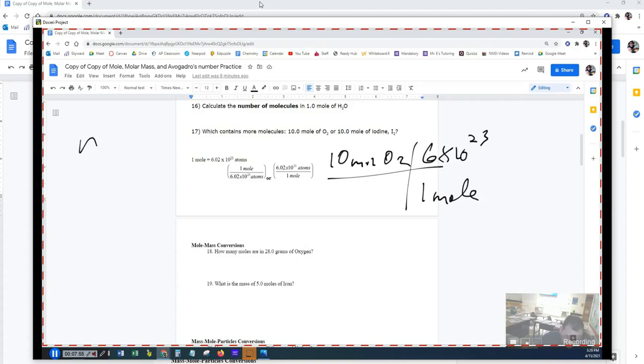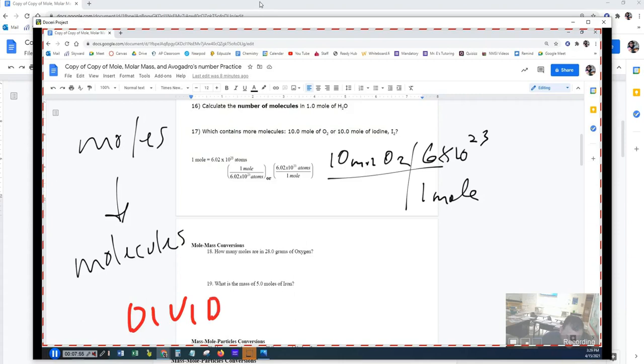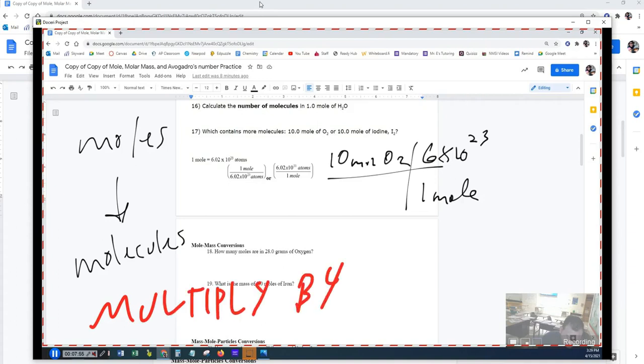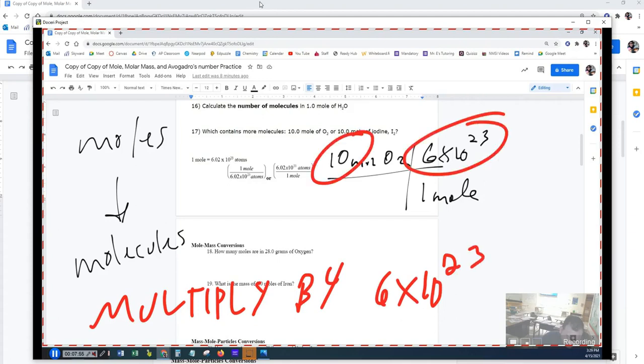So if I'm going from moles to molecules, I multiply by 6 times 10 to the 23. 6 times 10 to the 23 times 10 gives us 6 times 10 to the 24 molecules. So that's 10 moles of O2.